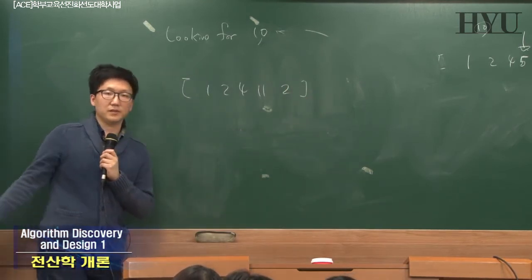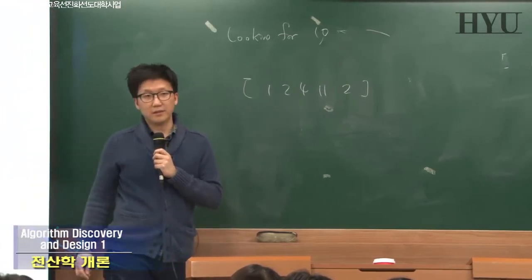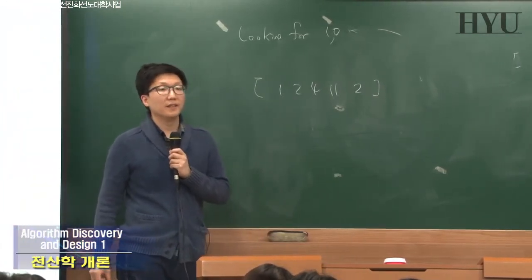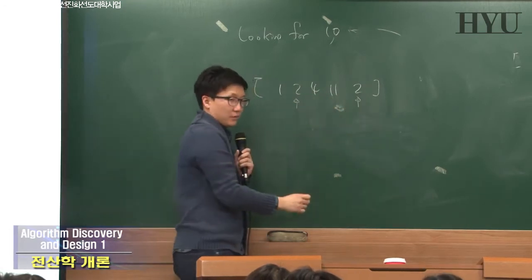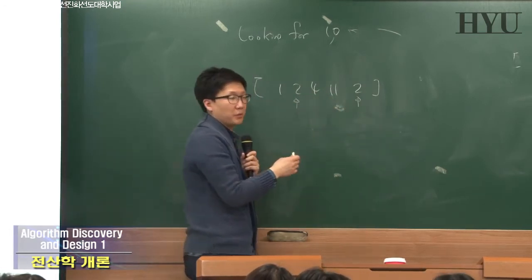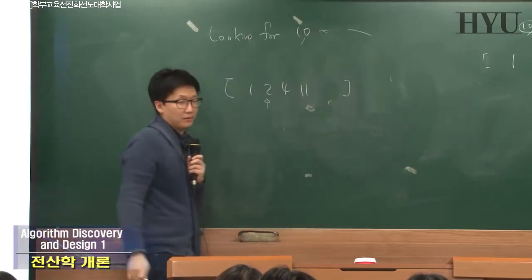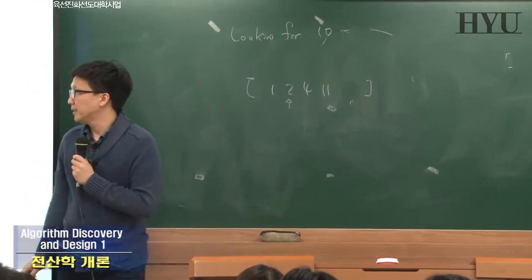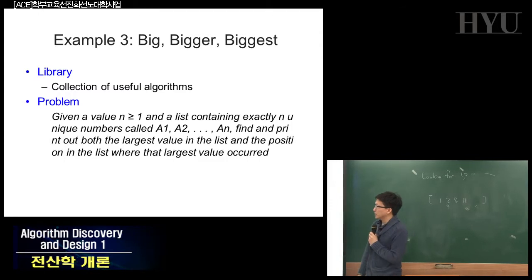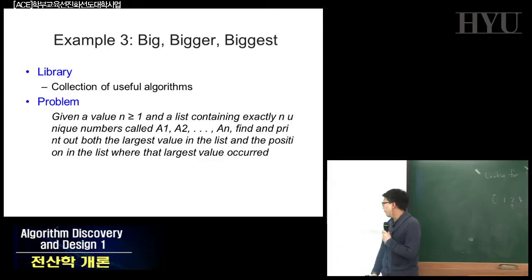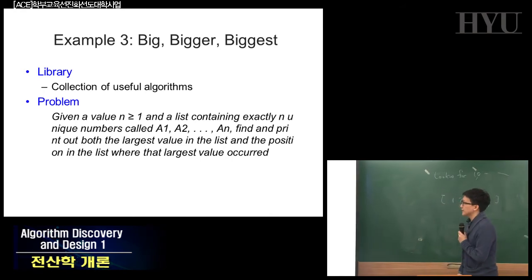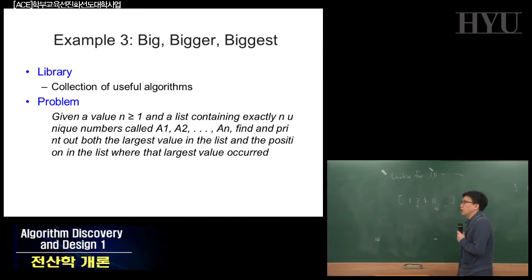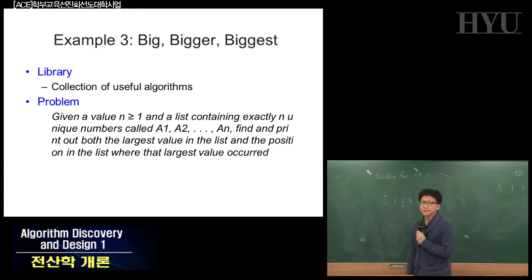They say we must have unique elements in the list. It's not unique if a number appears twice. So a list like this is probably unique. So unique numbers called A1, A2, AN. Find and print out both the largest value in the list and the position in the list where the target value occurred. What does that mean?